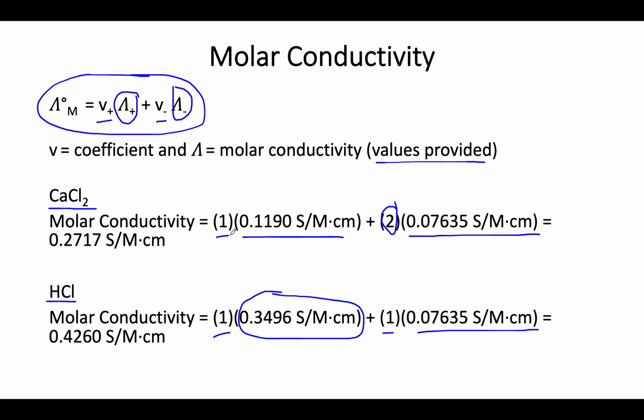Again, stoichiometry is 1-to-1, but you can see HCl is a lot more conductive than calcium chloride, so it's not just based on the number of anions, but it's also taking into account the cations. So this is what you'll see in experiment 4.